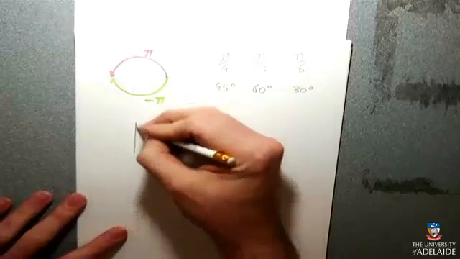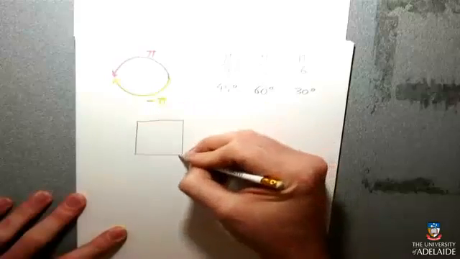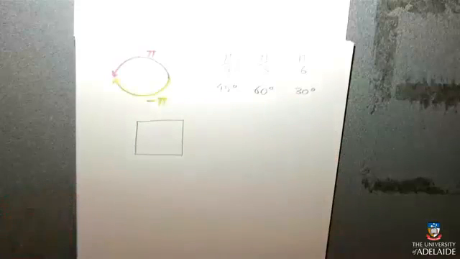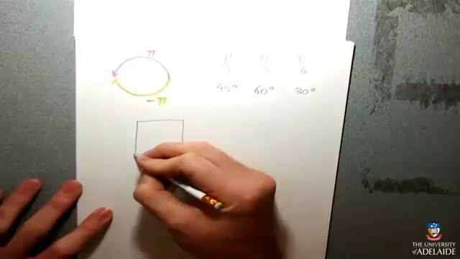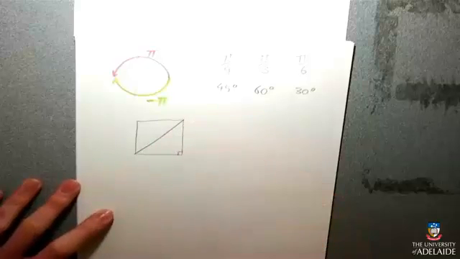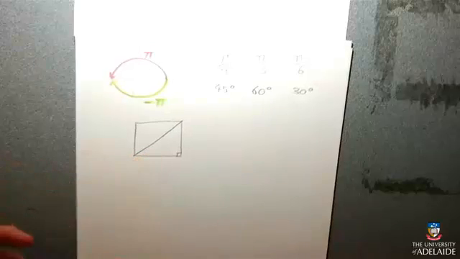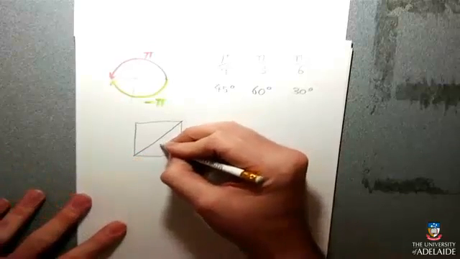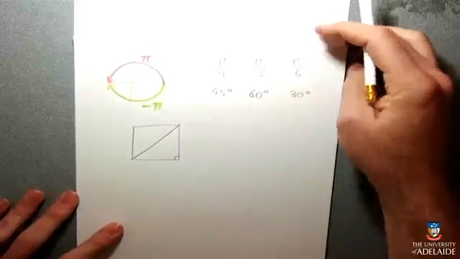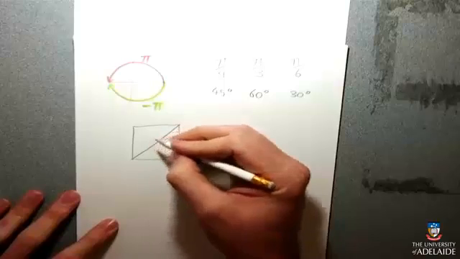So if I have a square like that, and I cut it in half, then that's 45 degrees there, which is pi on 4. Traditionally to do sine and cos, you would put a 1 in this position, but I'm going to do this.